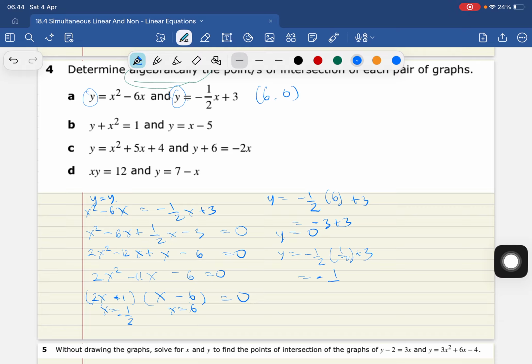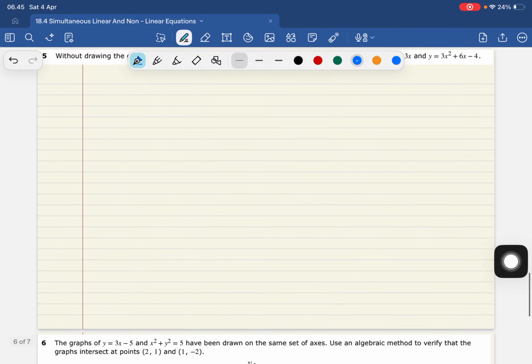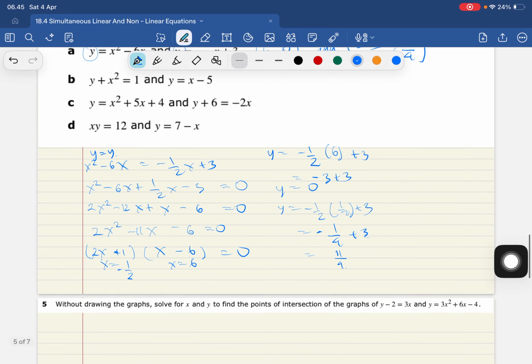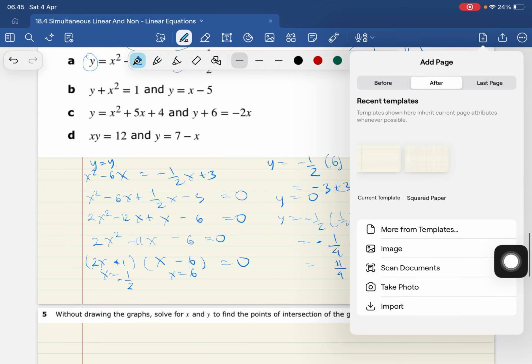So it's 1 over 4 plus 3, which is 3 and 1 over 4. So 6, 0, and one more, negative 1 over 2, 3 and 1 over 4.